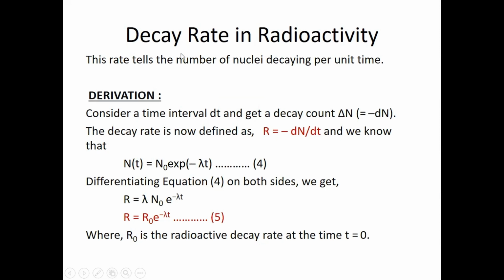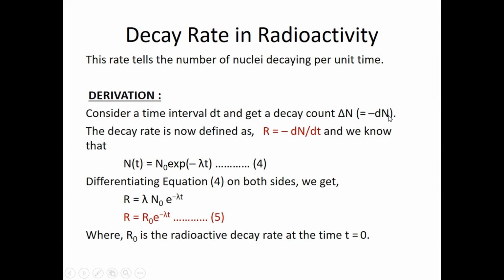If we want to find the decay rate, which tells the number of nuclei decaying per unit time, then we can figure it out using this law. We can form the problem by considering a time interval delta t and getting a decay count minus dN.